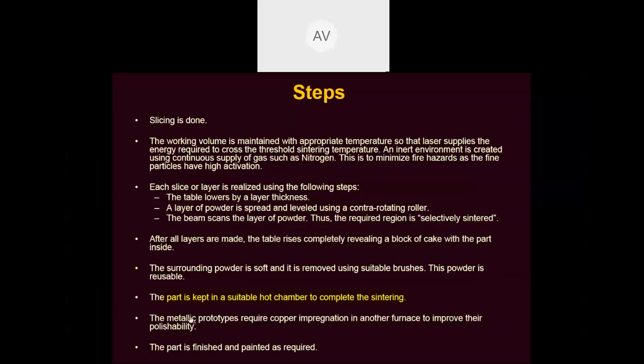Then metallic prototypes require copper impregnation in another furnace to improve their polishability. If you want to improve the polishability of that material, copper impregnation is required. Then the part is finished and painted as required.